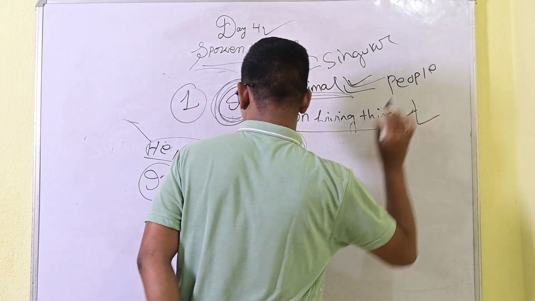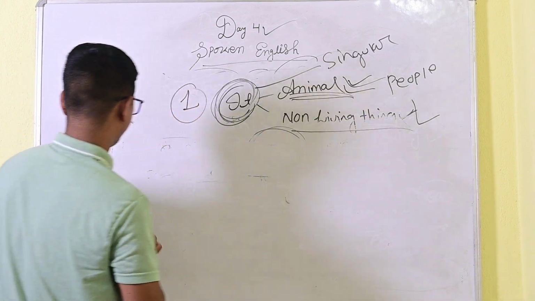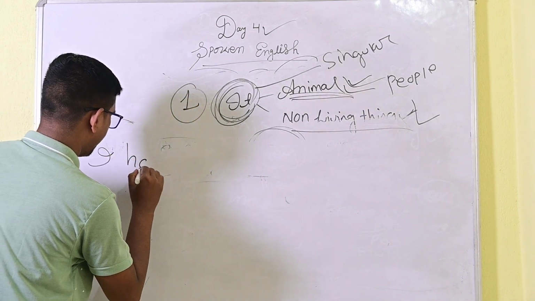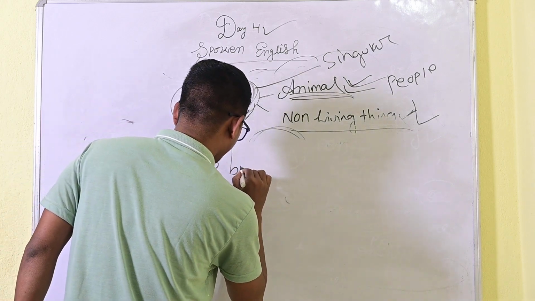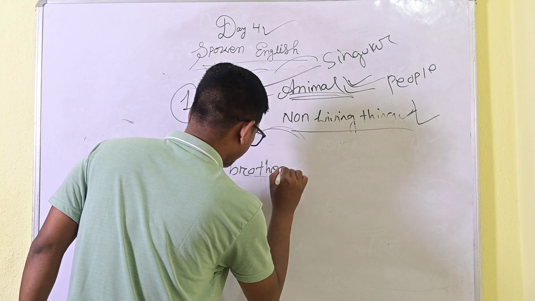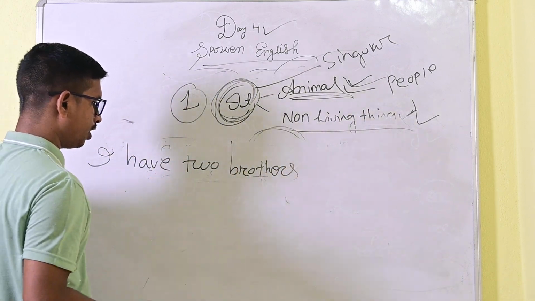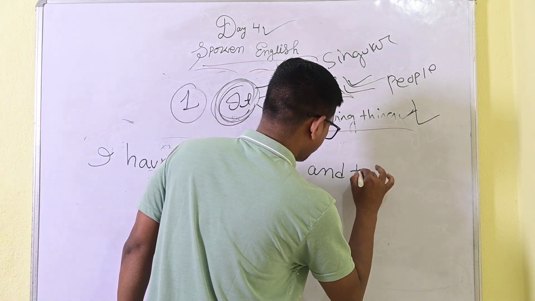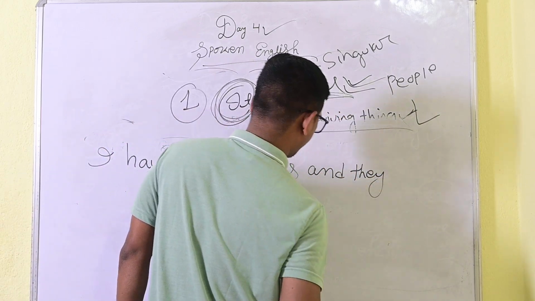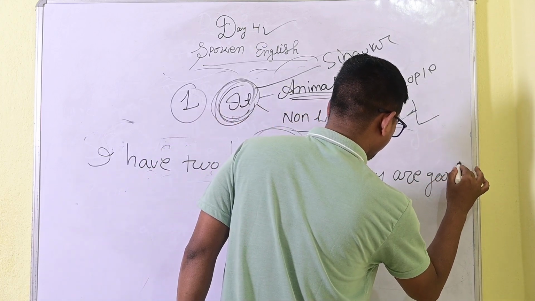Okay. We'll take two examples. I have two brothers. Two brothers means more than one. It is not singular, it is plural. I have two brothers and they are good.